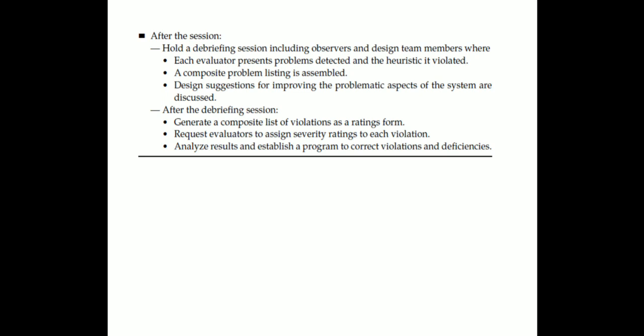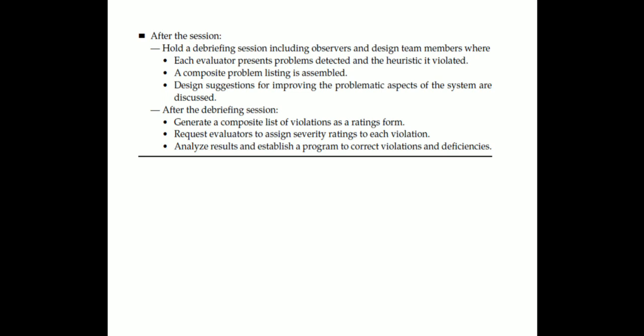Thus, after the debriefing session, form a composite list of violations into a ratings form. Request the evaluators to assign ratings for the severity of each violation on a scale ranging from usability catastrophe to not a usability problem.